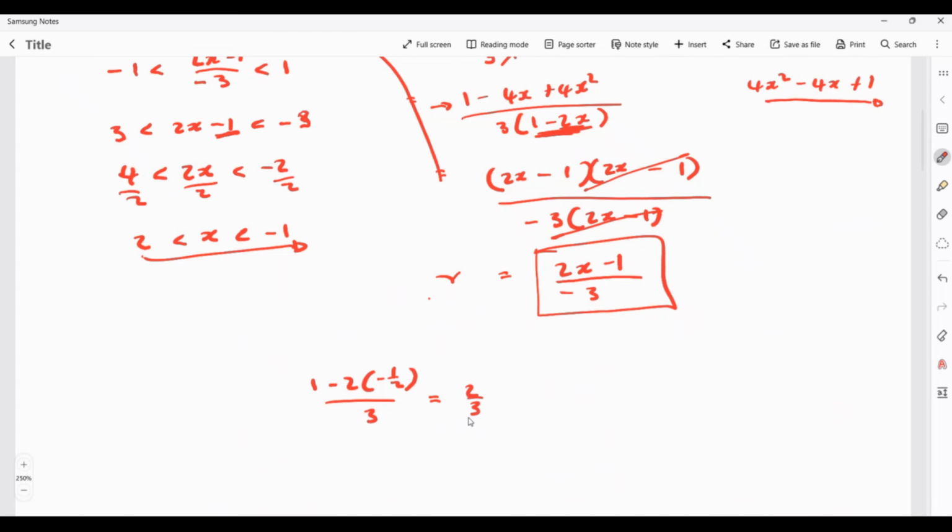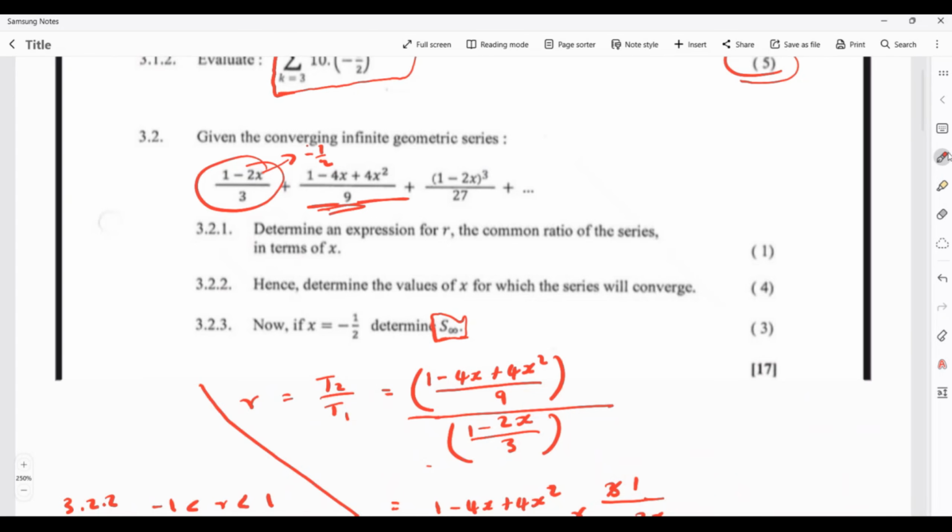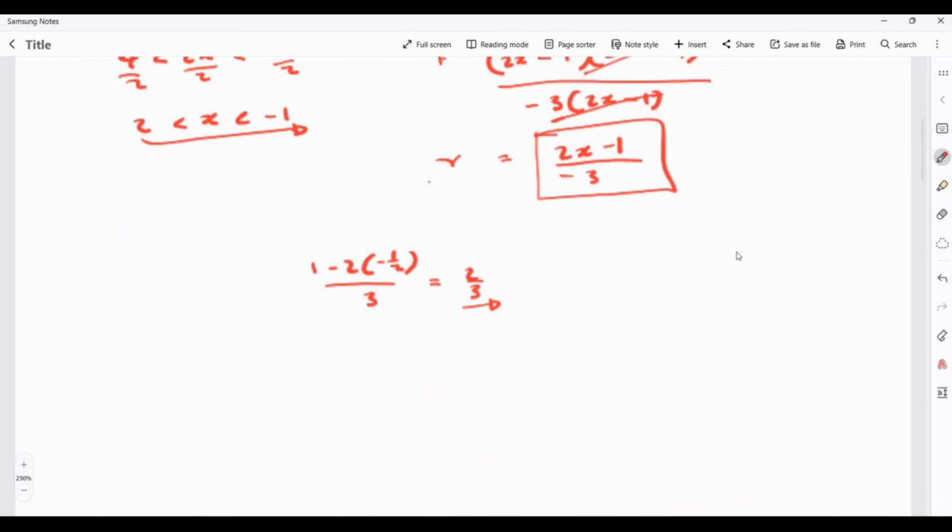That's 1 minus 2 into negative 1 over 2, and then they're all divided by 3. Yes, I get this as my answer. And then I'm also going to do the same thing with the second one. What I got from my calculator when I was working it out was negative 4 over 5. That is what I had.